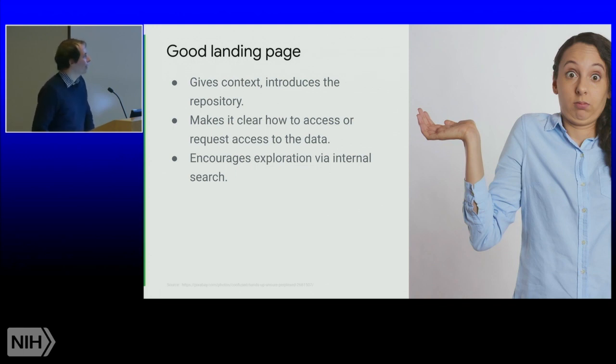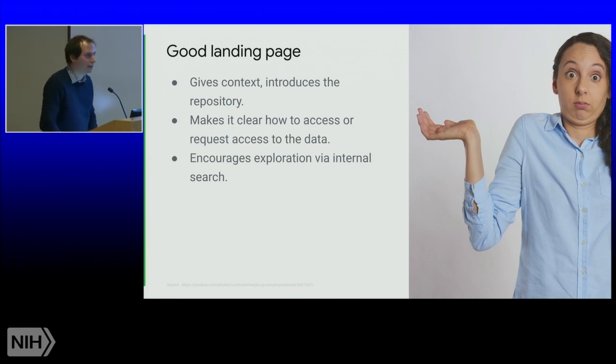And finally, sometimes people will find a data set that is not exactly what they wanted, but maybe your repository actually has exactly what they do want. So if you have an internal search that searches only within your repository, exposing that easily on every landing page would help people to explore your resources better.